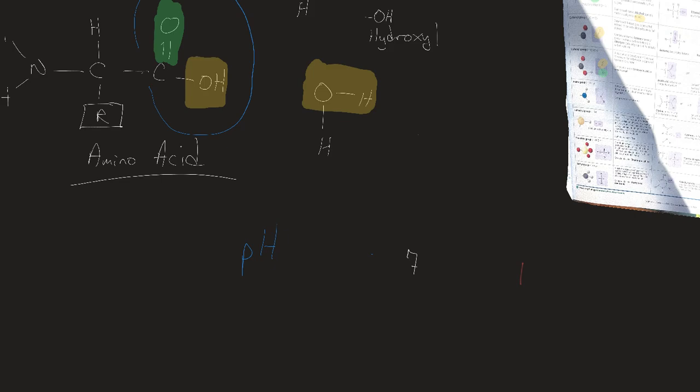to 14. So for 0, you could have a very concentrated hydrochloric acid or sulfuric acid, just as an example. That would be a pH of 0. And something like a very concentrated sodium hydroxide could have a pH of 14.